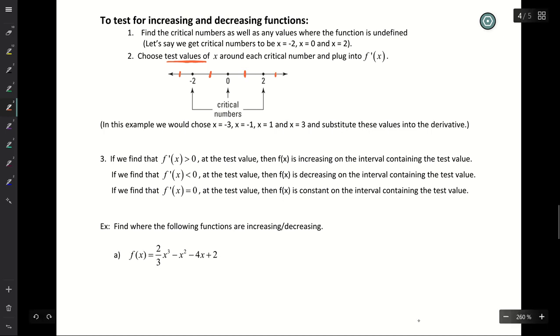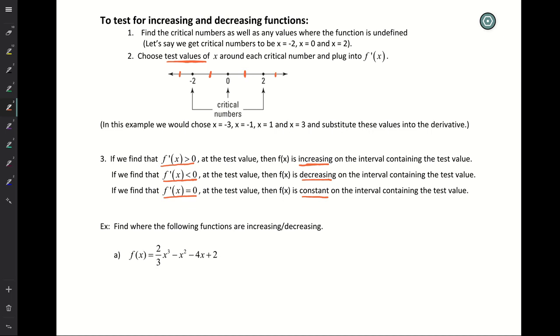If we find out in plugging one of our test values in that the derivative is positive, then that is indicating, hey, the function's increasing in that particular region. If we find out that it is less than 0, that's saying that the function's decreasing in that region. If we find out that it's equal to 0, then that's going to tell us the function's constant in that region.